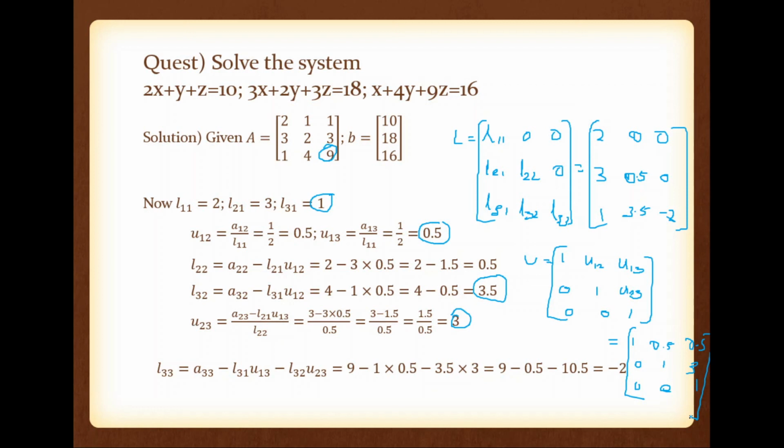Okay. So now what we are finding? Actually A is equal to LU. So we can write AX equal to B into LUX equal to B, where we can replace UX with Y. So we can write Ly equal to B, right? So first take Ly equal to B. So we know L. What is L now?